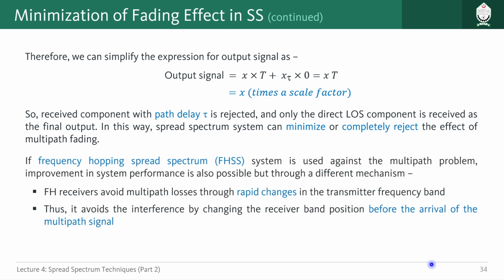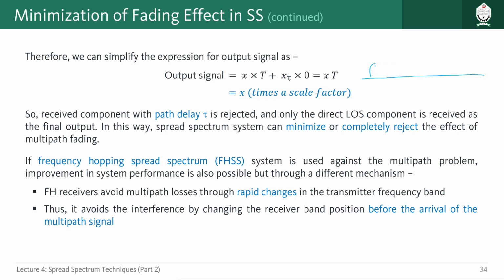Finally, frequency hopping spread spectrum can also minimize or mitigate this effect of multipath fading, but how they do it is quite different from the process we have just seen here. So for FHSS, we know we will have different frequency bands available for hopping.